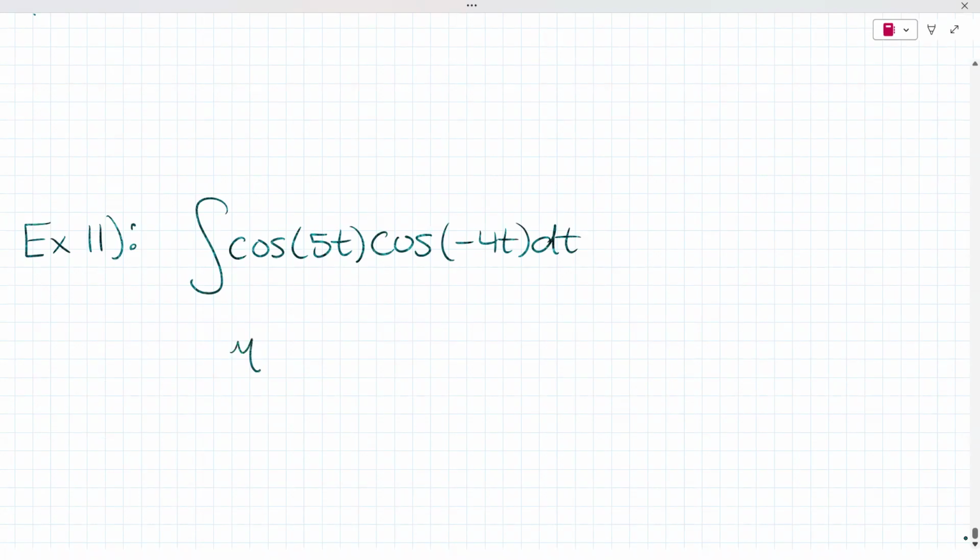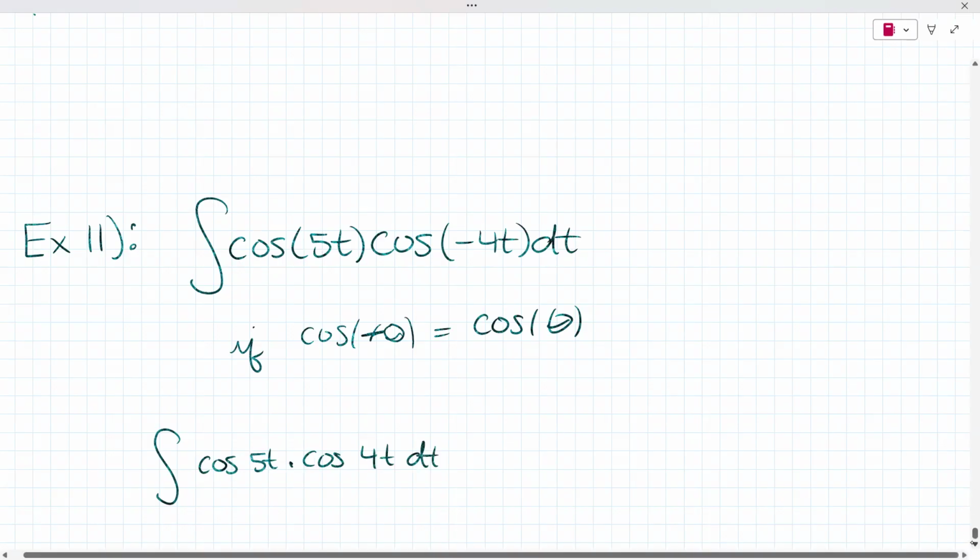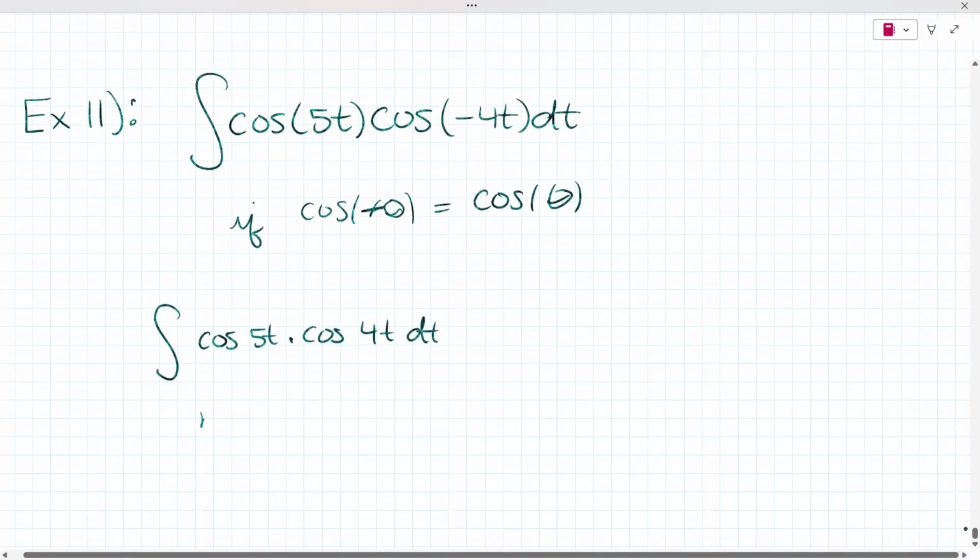And we know that cosine of negative theta is the same thing as cosine theta. So we're going to rewrite our problem as the cosine of 5t times cosine of 4t dt. And we know that m is 5 and n is 4.